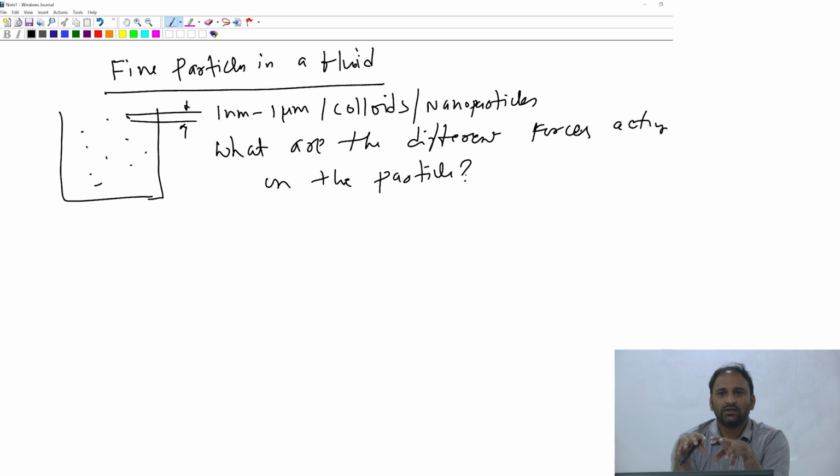I have tiny particles which are in a fluid, and I would like to have an idea about what are the different forces that are acting on the particle. Can you name some forces? Of course, the first one is obviously gravity, your gravitational force.